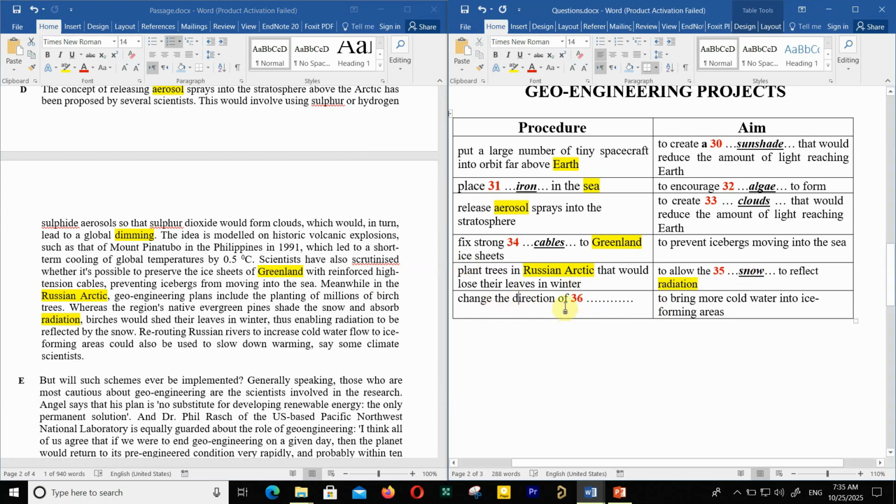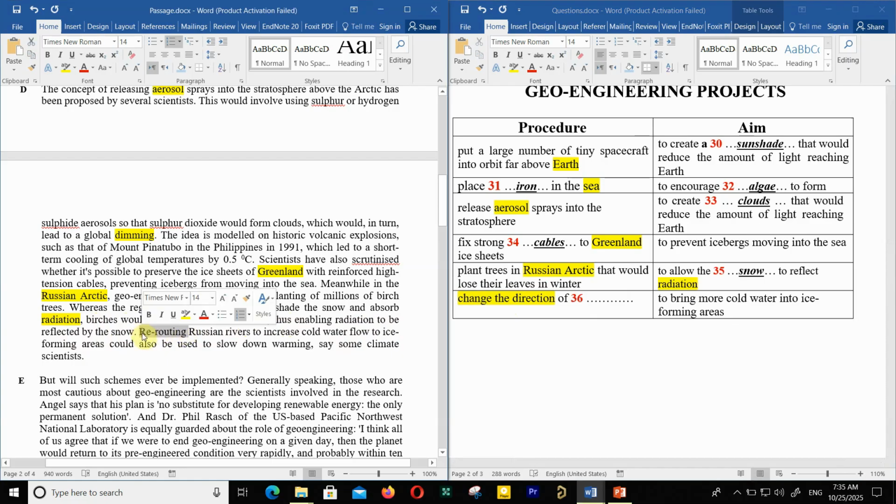For question 36, change the direction of. Maybe they use paraphrase for this one, but this is an easy one to look for. Change the direction. Which shed their leaves in winter, thus enabling radiation to be reflected by the snow. Rerouting.